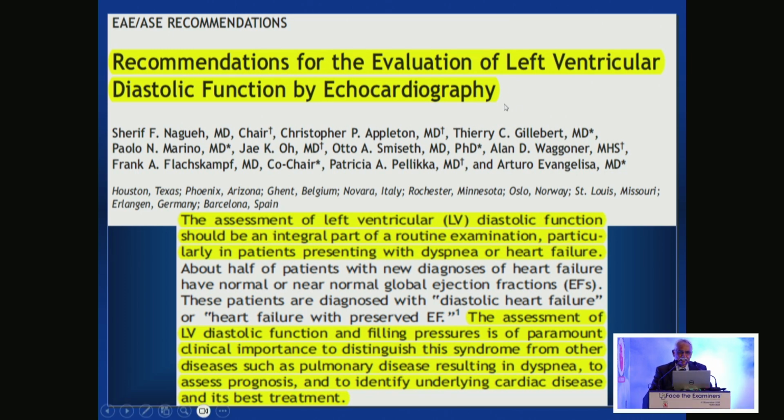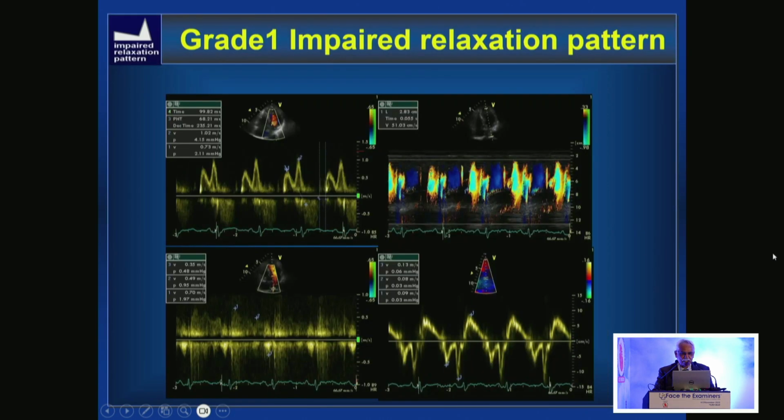This is actually based on the combined recommendations for assessing the diastolic and systolic functions of the heart from the American Society of Echocardiography and the European Society of Cardiovascular Imaging. The assessment of left ventricular diastolic function should be an integral part of routine examination, particularly in patients with dyspnea and heart failure.